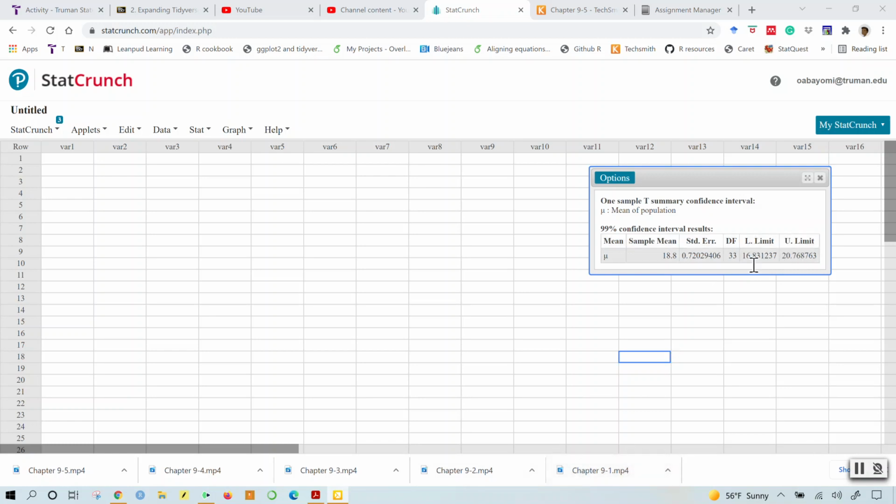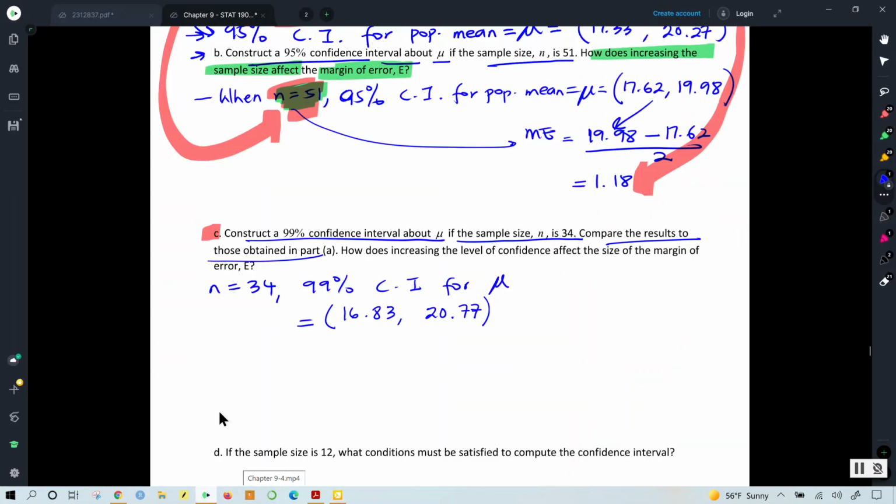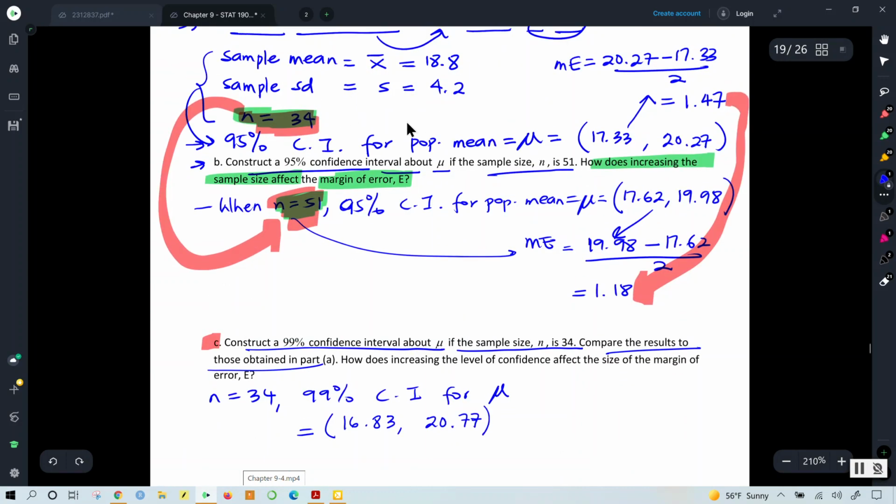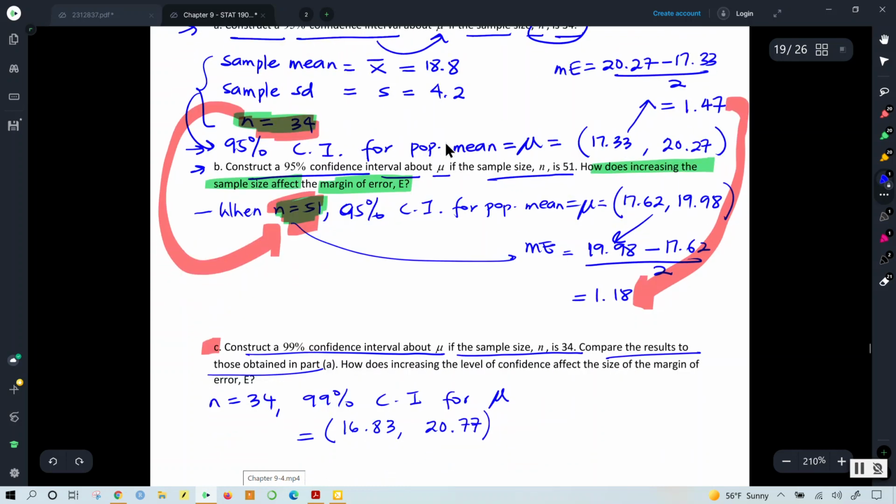We're going to take this result back to our working bench. So when n is 34 and you have all of the same information you have in part A, and we only change the level of confidence, the 99% confidence interval for the population mean is 16.83 to 20.77.